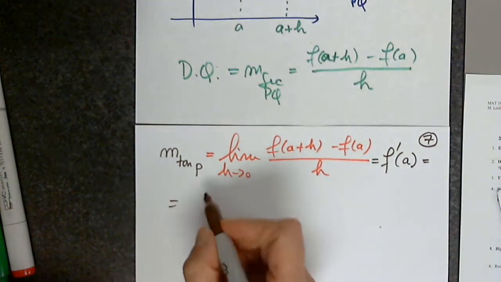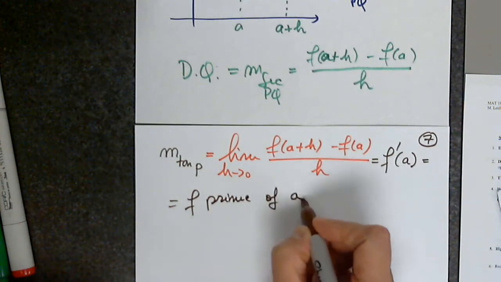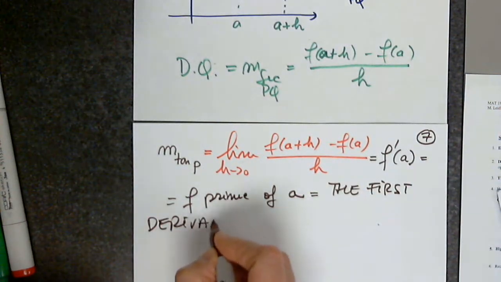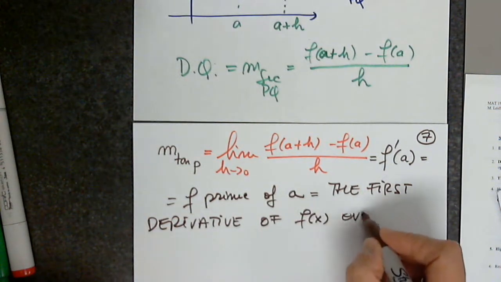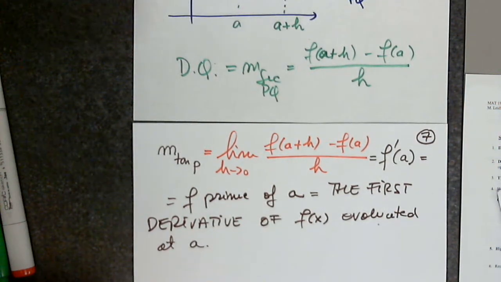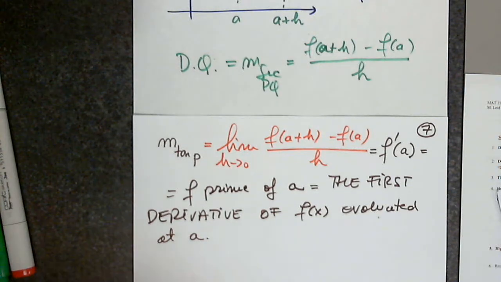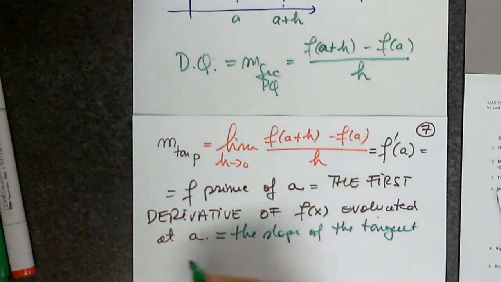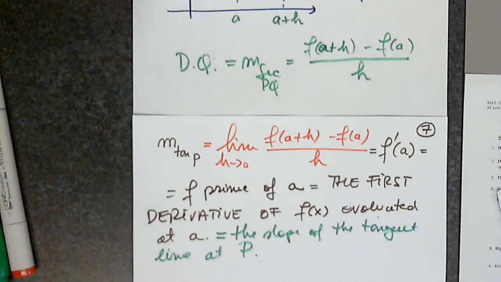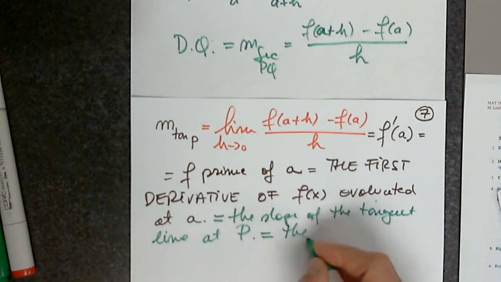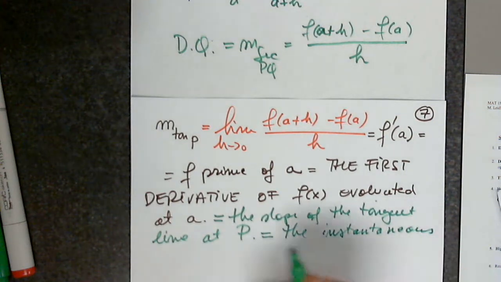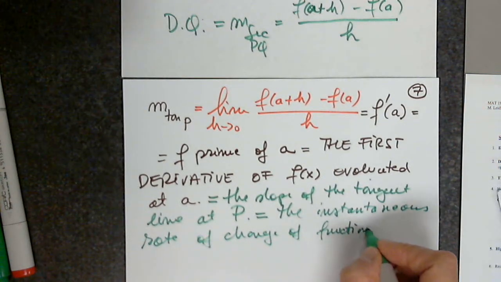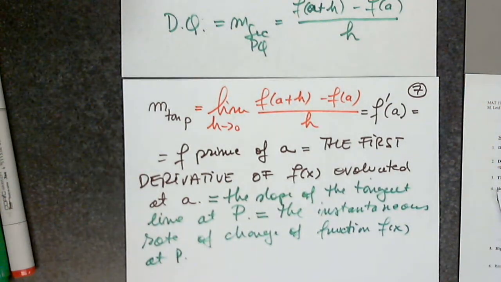We read this as f prime of A. And this is the first derivative of f of x evaluated at A, which also equals the slope of the tangent line at P, which is also the instantaneous rate of change of the function f of x at P. It's all of the above.